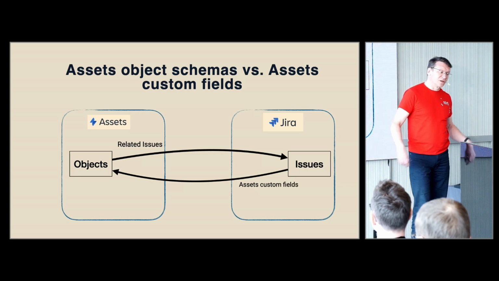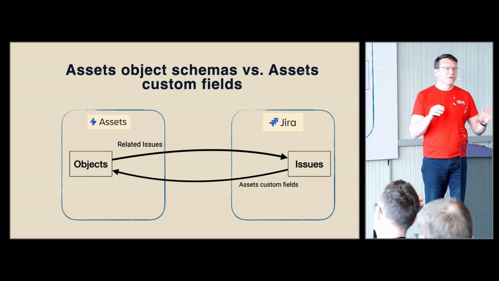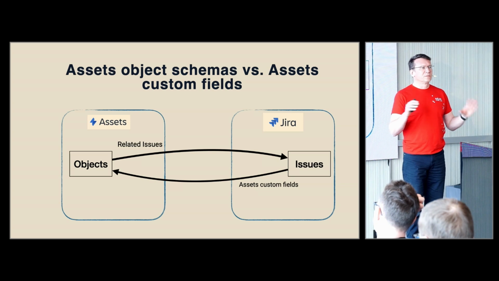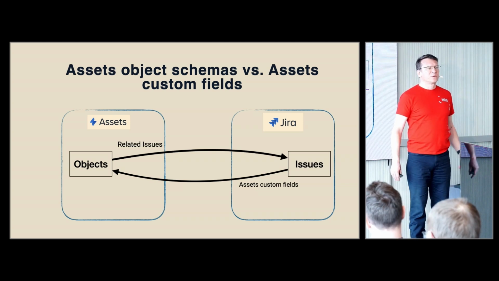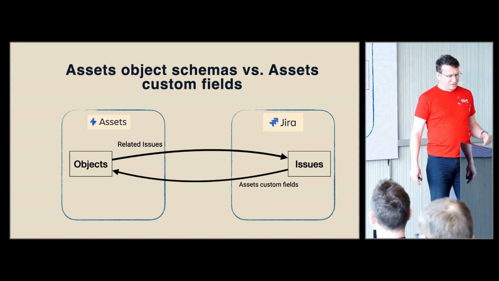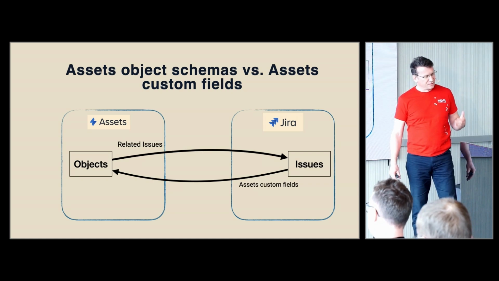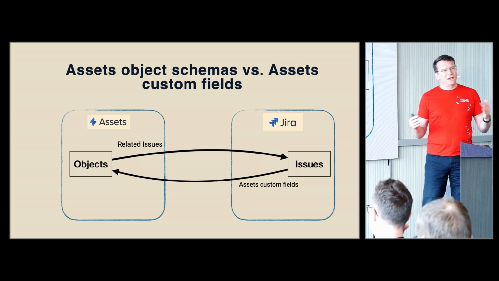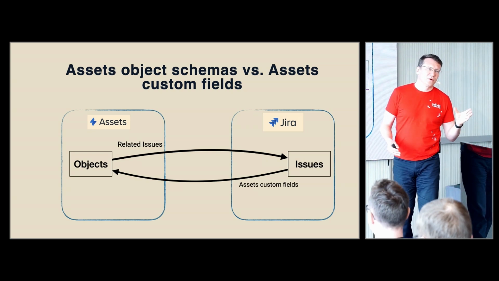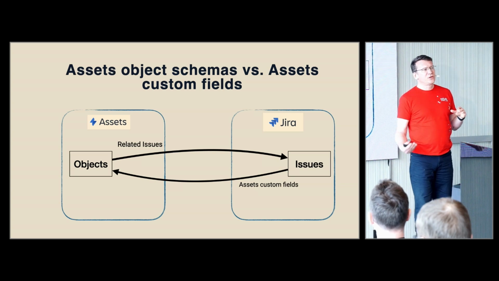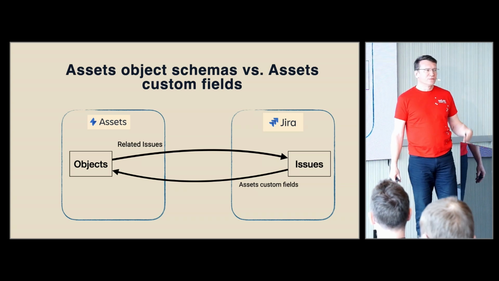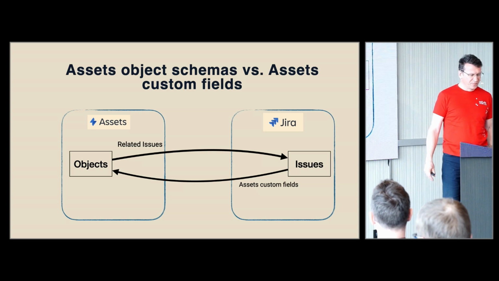It is a highly flexible way of configuring your own database. You can make your objects, add your attributes, and define links between them, and there is a link between assets and Jira, mainly to see the links between your issues and your inventory objects like assets.